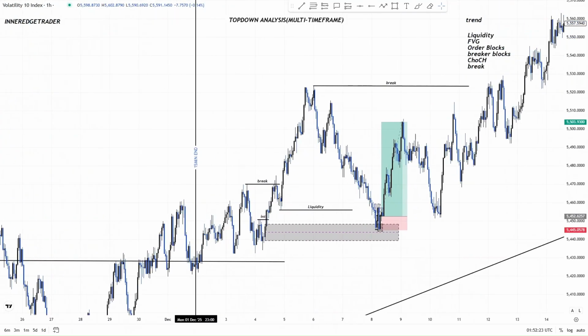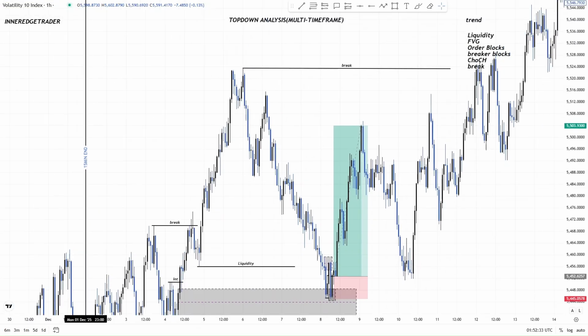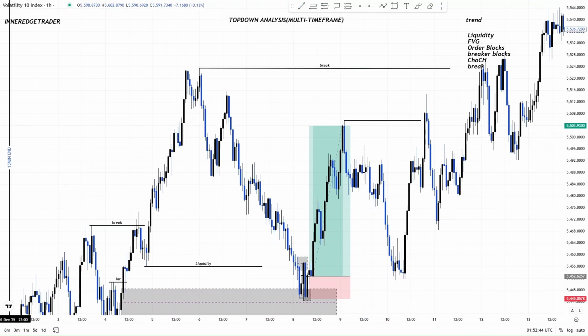So we can see the market even retested that same zone twice. See this area of retest after the liquidity, then after the break of structure on the 1 hour time frame. Because if you understand the market flow, you know the market is going to retest at this point.